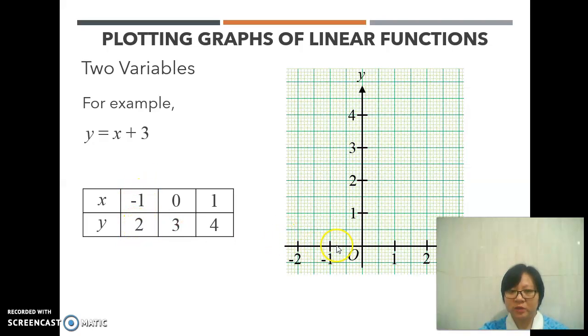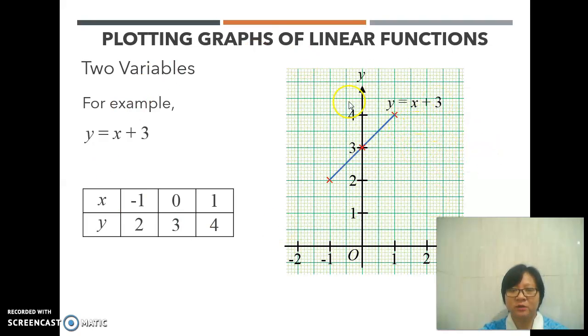It means go to the left 1 step, go up 2 steps. 0, 3 means from the origin, no horizontal movement, and then go up 3 steps. The third point is 1, 4. It means go to the right 1 step and then go up 4 steps. And then connect these 3 points and label.